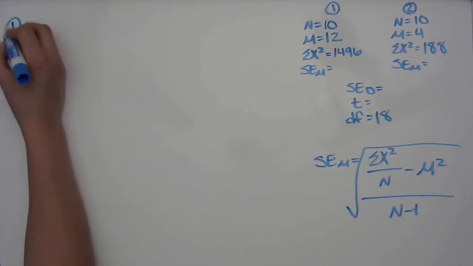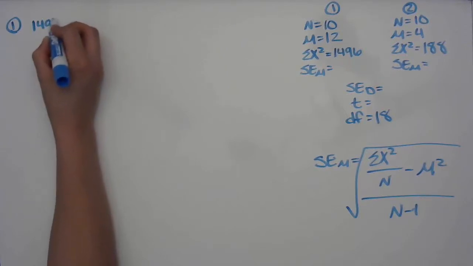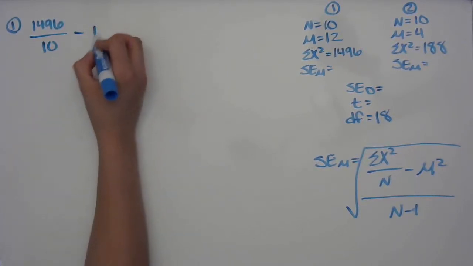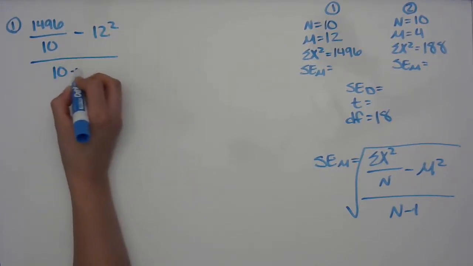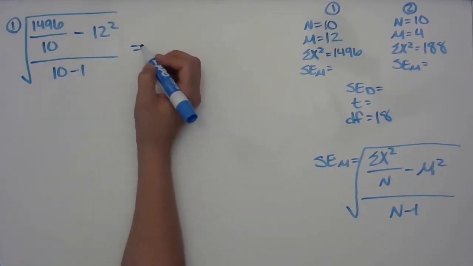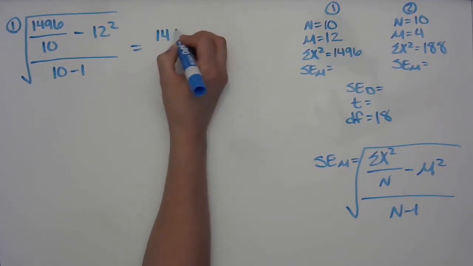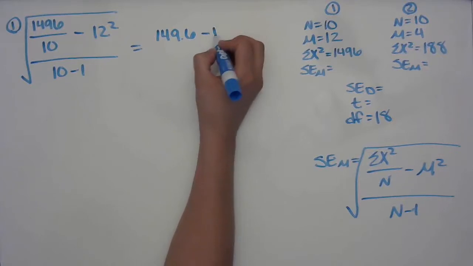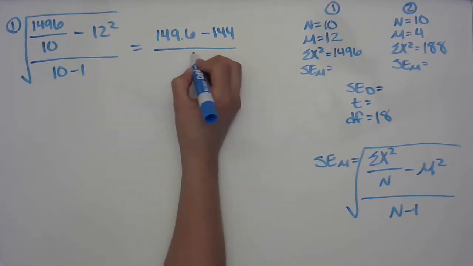So for Group 1, our sum of squares value is 1496 over our N value of 10 minus our mean of 12 squared over our N value of 10 minus 1. Okay? So when you divide 1496 by 10, you get 149.6 minus 12 squared, which is 144, over 10 minus 1, which is 9.